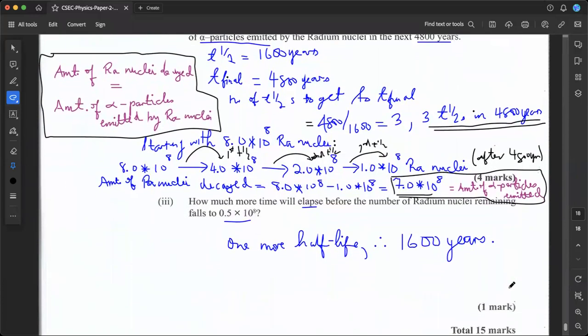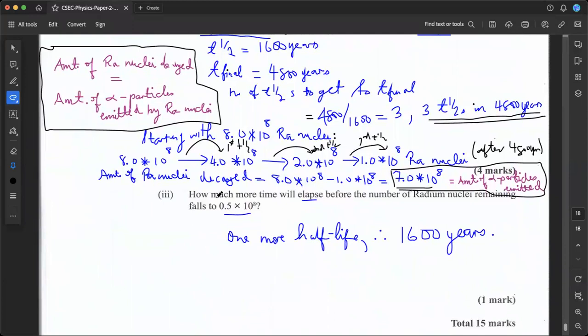Moving down to part 3, they're asking how much more time will elapse before the number of radium nuclei remaining falls to 0.5 times 10 to the 8.